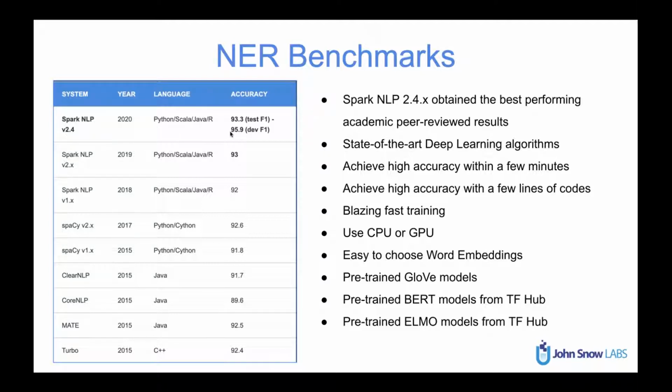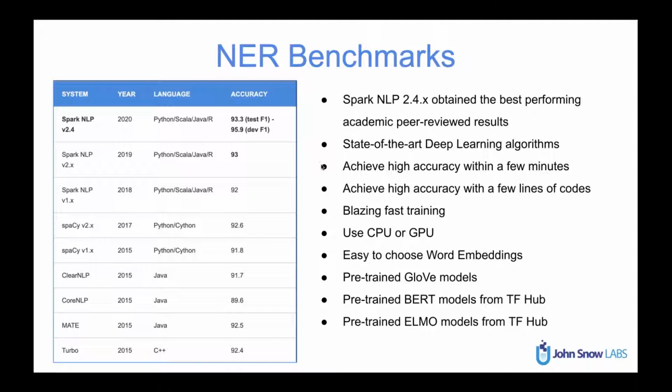We trained our NER algorithm with BERT, and we got a 96% dev set F1 score, which means that on the validation set we have 96% accuracy. This is the benchmark on the CoNLL 2003 dataset, which is the baseline benchmark for NER algorithms, and Spark NLP is way ahead of its competitors right now. On the test set, we have 93.3, and spaCy has got 92.6 on the dev set.